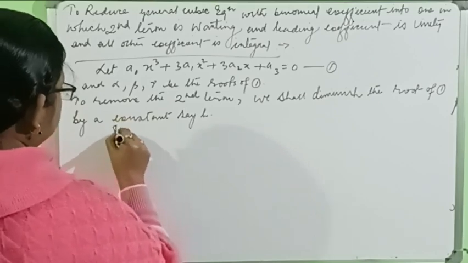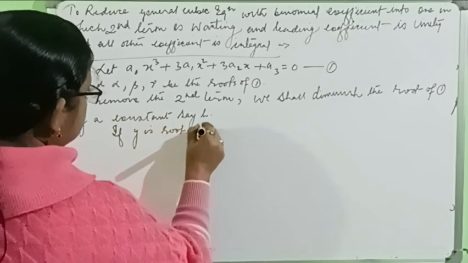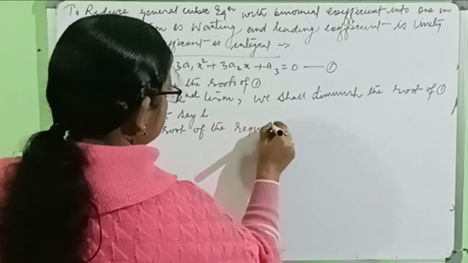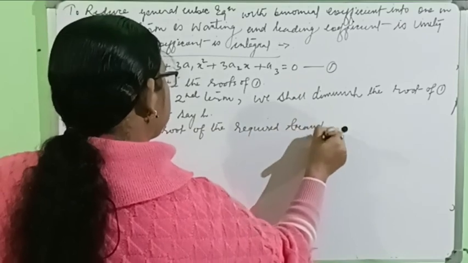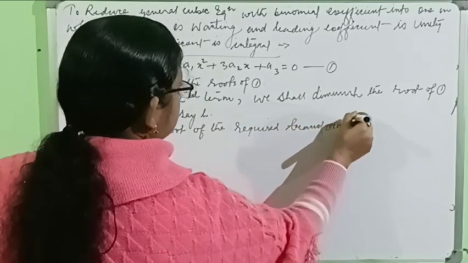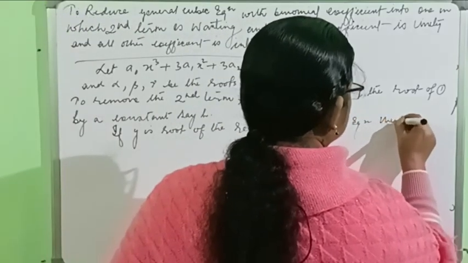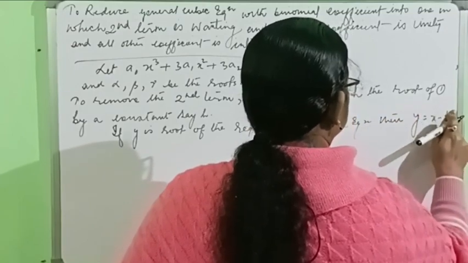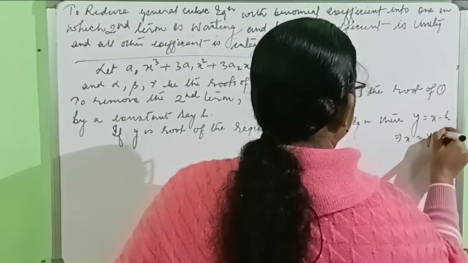If y is the root of the required transformed equation, then y is equal to x minus h. This implies x is equal to y plus h.